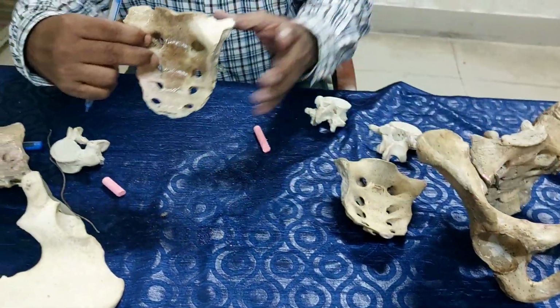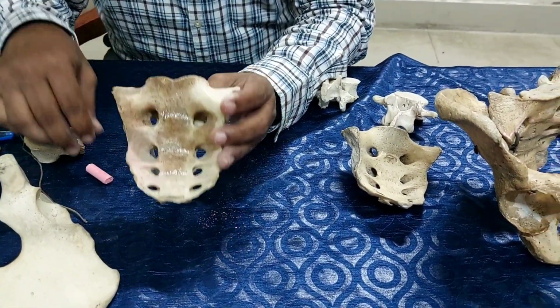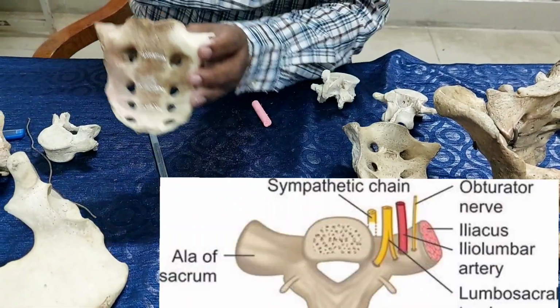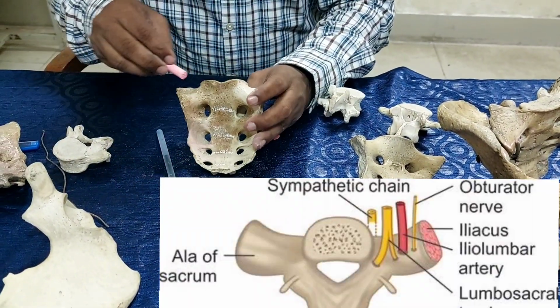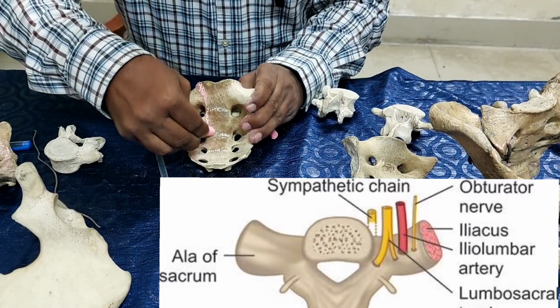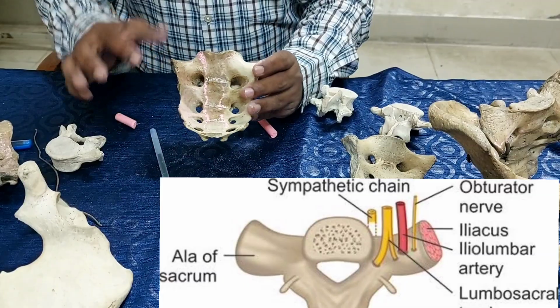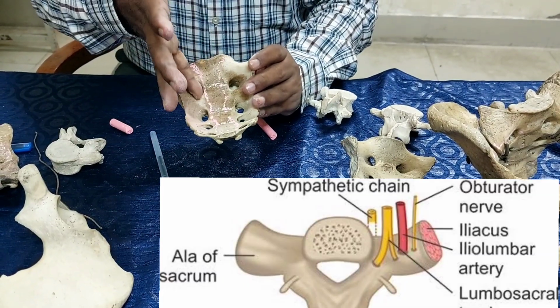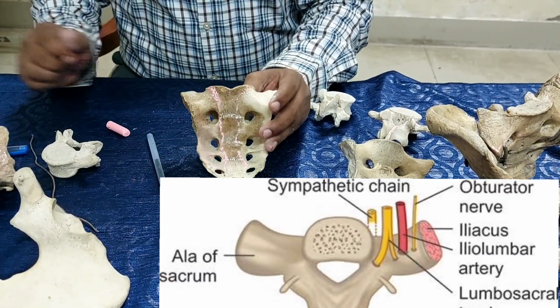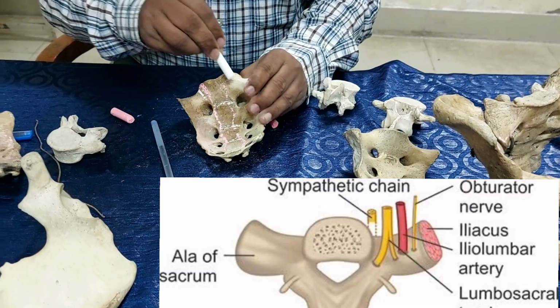And then the anterior surface of the ala of the sacrum is related to four important structures, and these from medial to lateral: one is the sympathetic trunk, it goes like this, one on either side of the body, medial to the anterior sacral foramina, and lateral to this is another important nerve called the lumbosacral trunk.